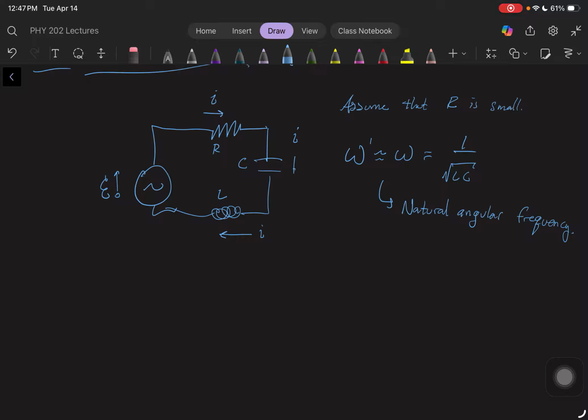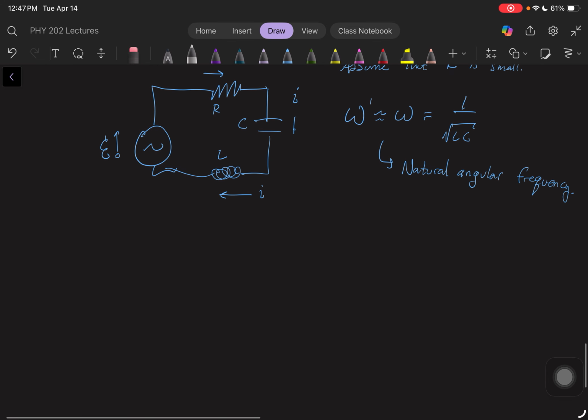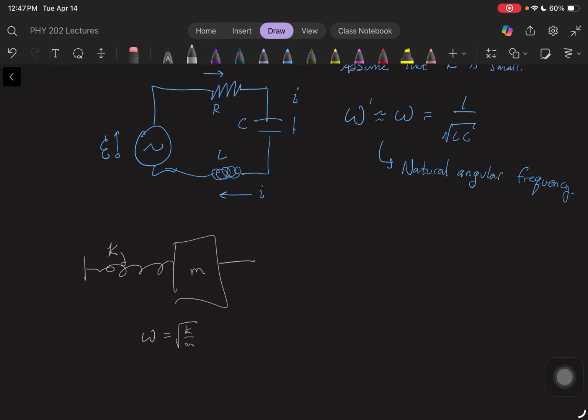Okay. And so let's briefly harken back to our block on a spring. If we have some natural frequency, square root of k over m, what can we say about this? If we were to pull this out and let it go, that's the frequency it would oscillate with.